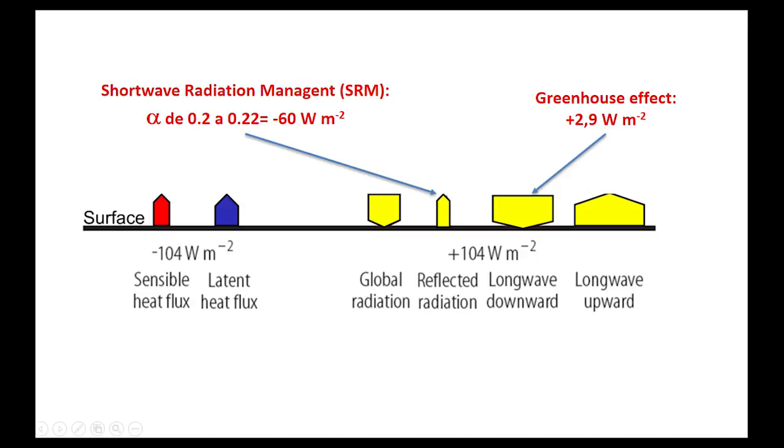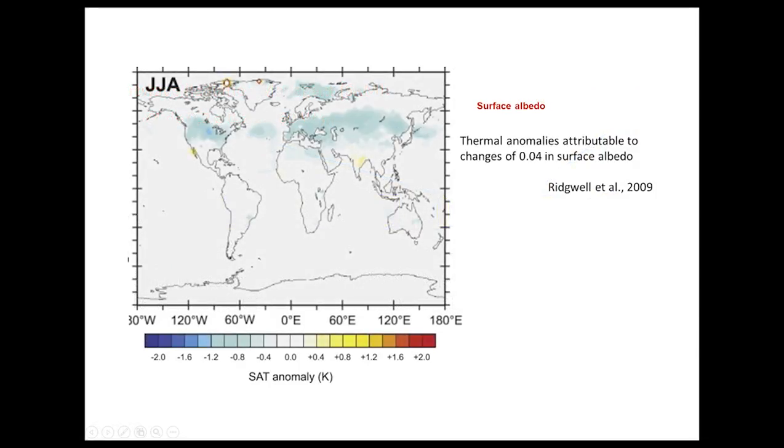And this is a simulation made by some colleagues in the UK, where they observed that if we change the surface albedo, so the amount of light which is reflected back to space, only by 0.04, so going from 0.2 to 0.24, we can easily reduce the temperature of the upper part of the planet, the northern part of the planet, by 1 degree. This is a simulation, and we have to understand.